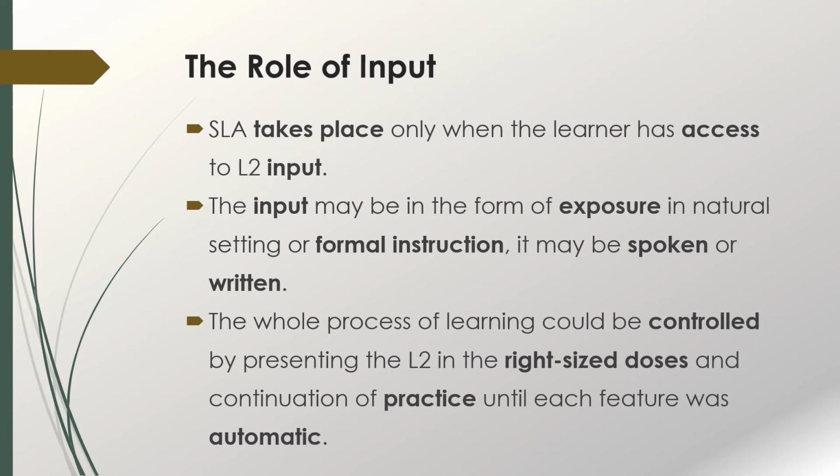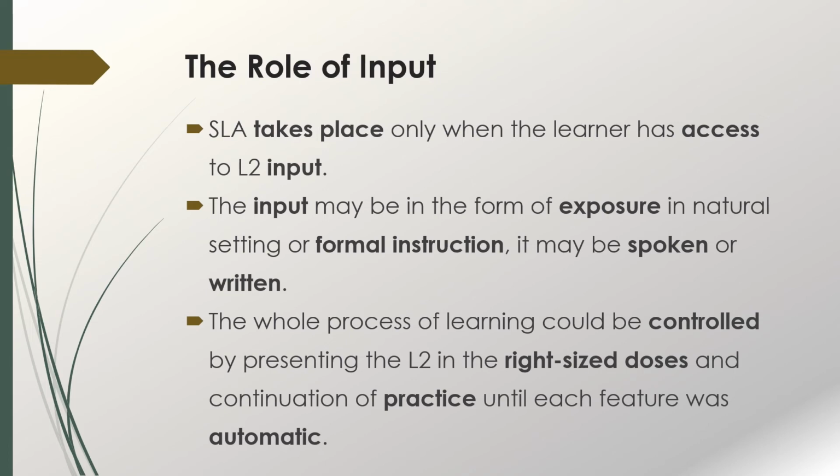In order to have second language acquisition, the learners need to have access to second language input, and this input can be in the form of exposure in a natural setting or formal instruction. It can be spoken or written.